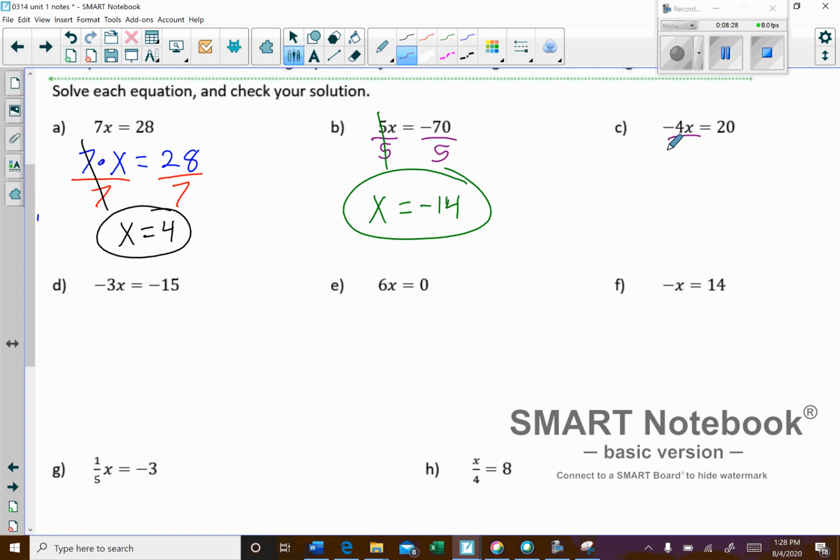On C here, we'll divide both sides by -4. So the -4 divided by -4 is going to turn into just a 1, right? So it leaves me with 1 times x, which will just be x. And on the right side, 20 divided by -4. 20 divided by 4 is 5. One's positive, one's negative, so -5 is going to be my result.